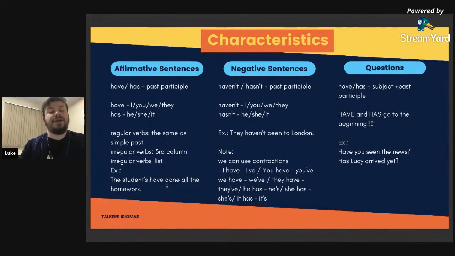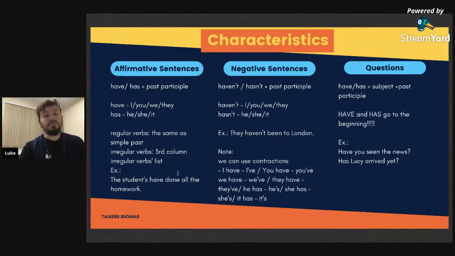So we have here have as our auxiliary, and then we have done as our past participle. The verb is do, but if you check the third column of your irregular verbs, if you study with Speak Out, it's page 127, you will see that the past participle of do is done.